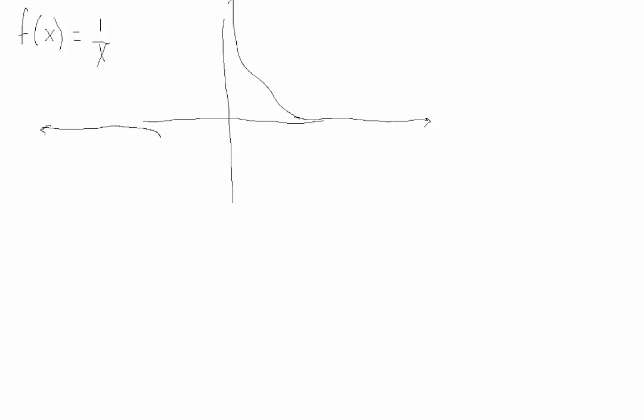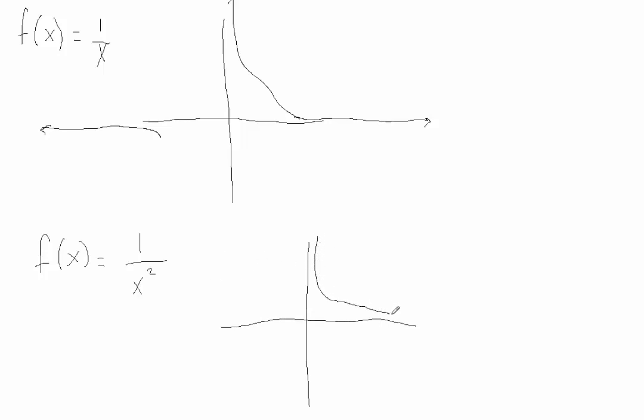Okay. Let's say I had a function f of x equals 1 over x squared. The function's always going to be positive, because x squared is always going to be positive, but the same thing happens.